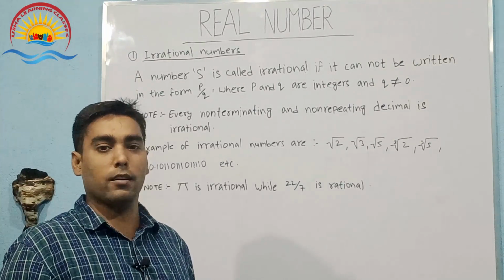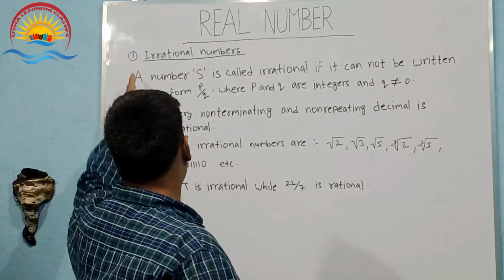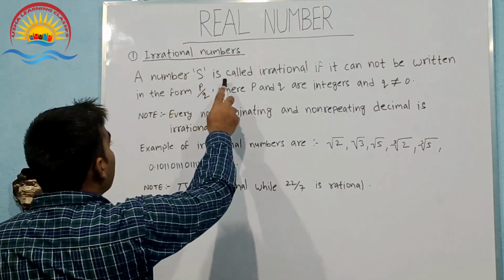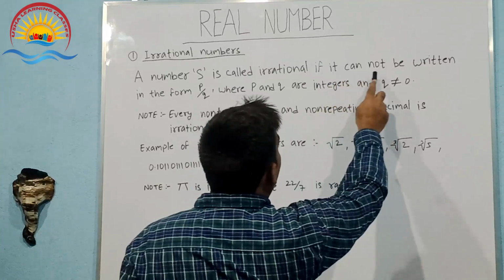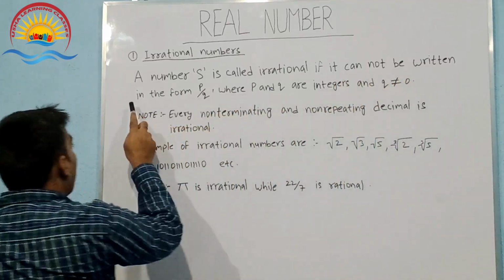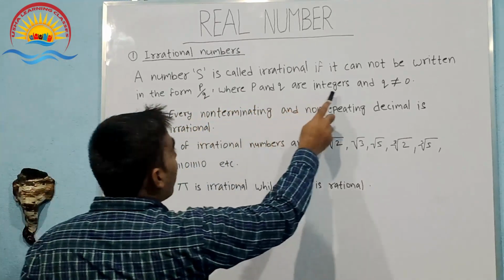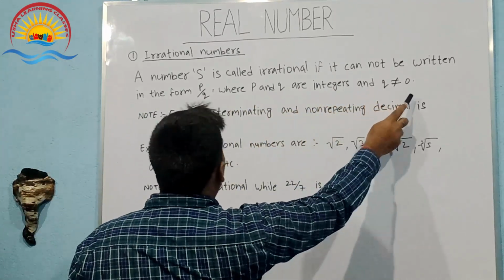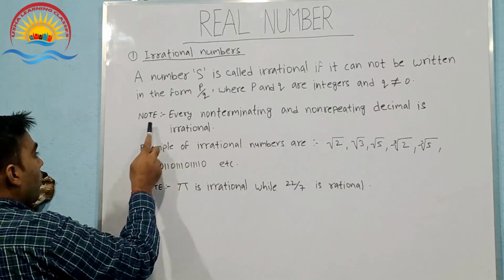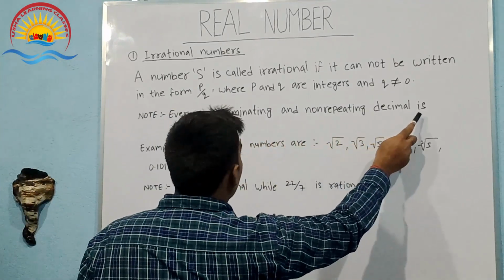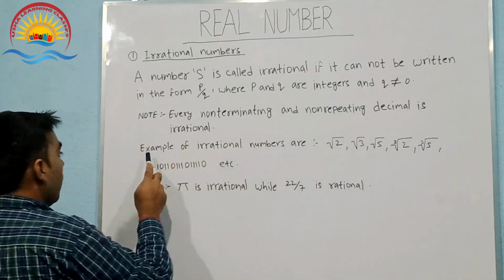Let us elaborate it some more. Topic 1, irrational numbers. A number s is called irrational if it cannot be written in the form p by q, where p and q are integers and q is not equal to 0. Note, every non-terminating and non-repeating decimal is irrational.